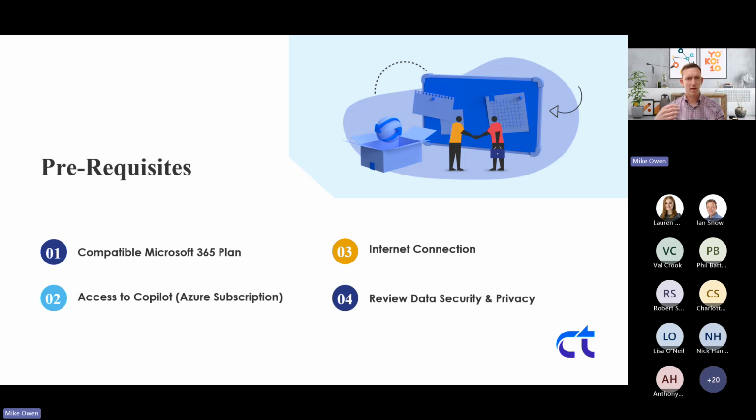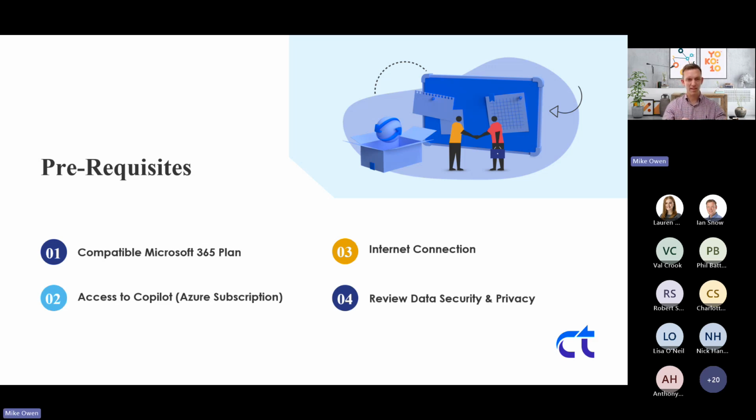So your E3, E5 licenses, your business standard, business premium licenses, they all count. It's then buying the Copilot license on top of that in order to get the full capabilities of Copilots within Office 365.